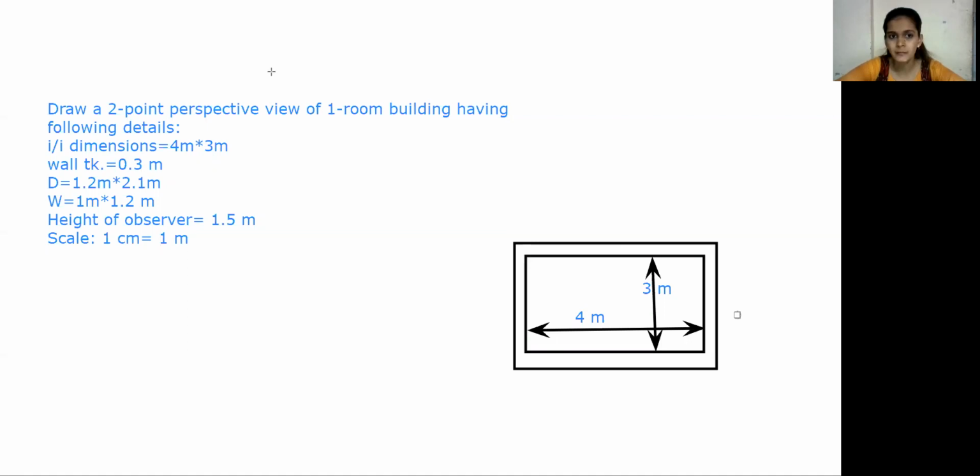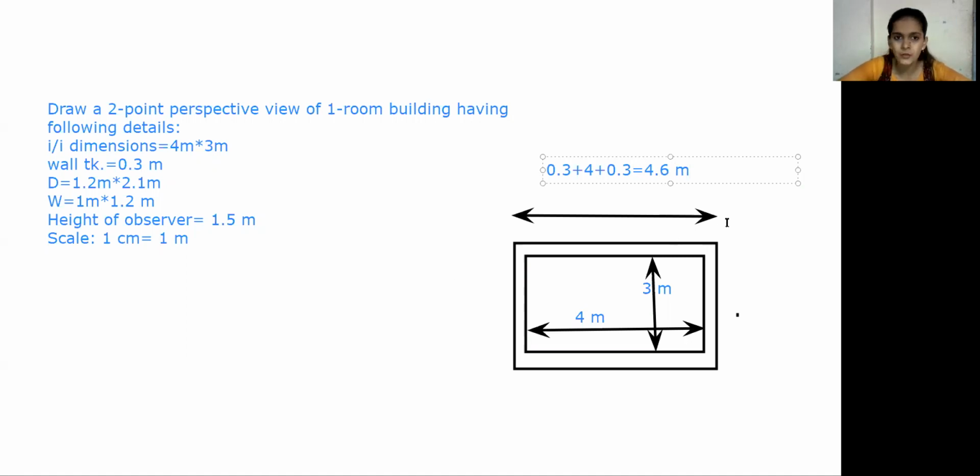So now what will be the dimension from outside? We have to consider the wall thickness on the first side, that is 0.3, plus the inside dimension, that is 4, plus again the wall thickness, that is 0.3. It will be 4.6 meter.